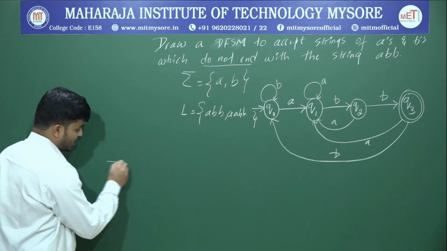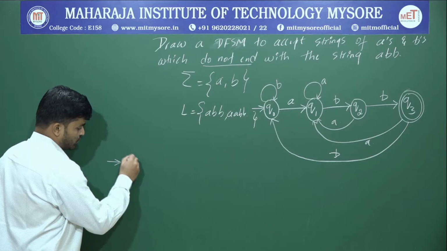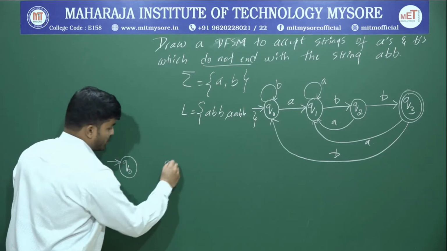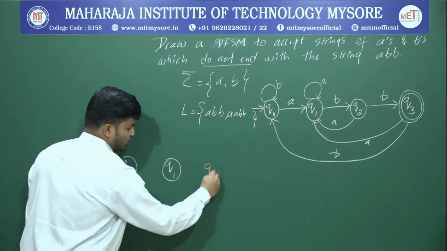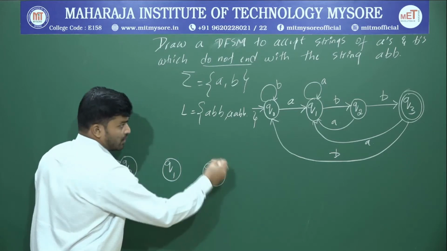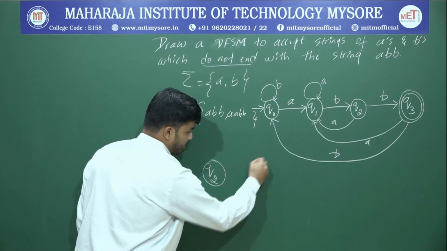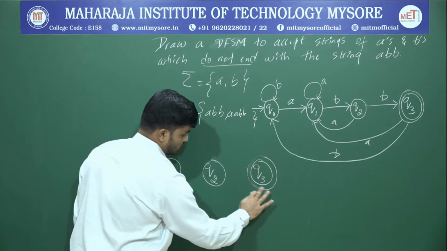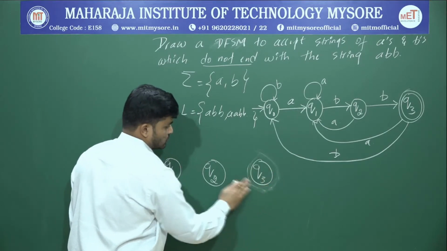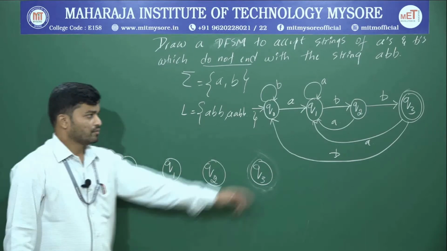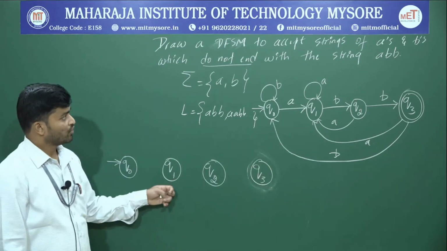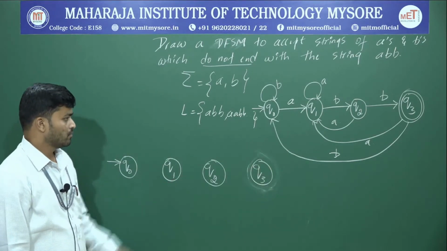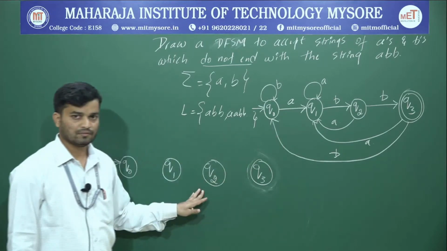You just write the diagram one more time. So, Q0, Q1, Q2, and finally Q3. This one is for ending with ABB. If you want not ending with ABB, you rewrite that one as it is.